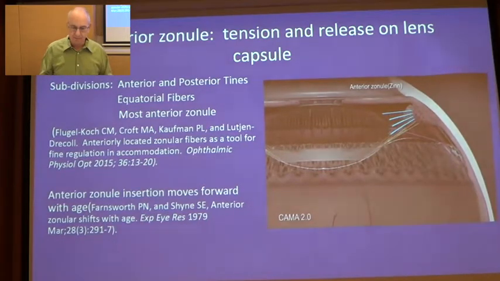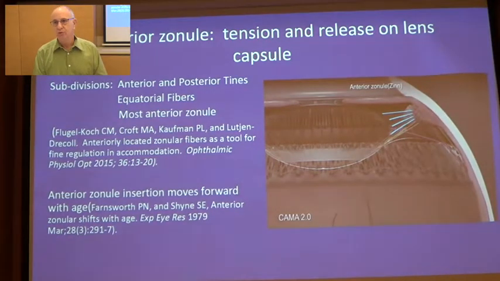on the lens capsule. The anterior zonule can be divided into two or three subdivisions. There are anterior and posterior divisions of the anterior zonules, or they're called the anterior and posterior tines, T-I-N-E-S.